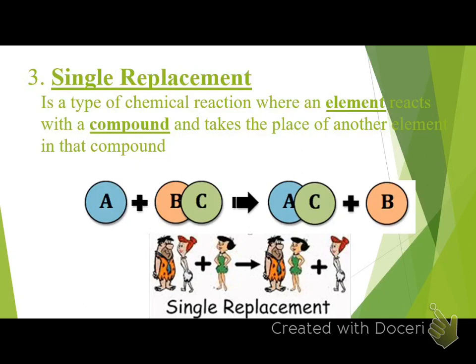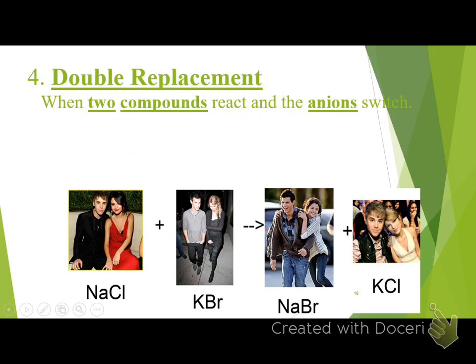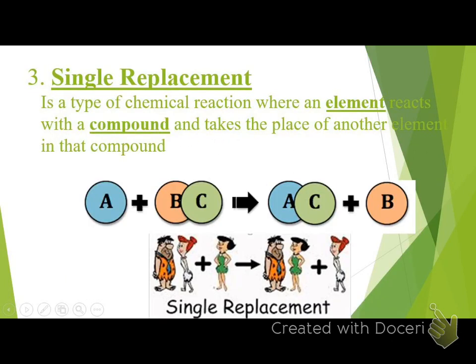If you use your lettering system, let's go back. A plus BC. That means we have a certain element added to two other elements that are combined together. And then what do we notice on the product side? So something's been booted, right?